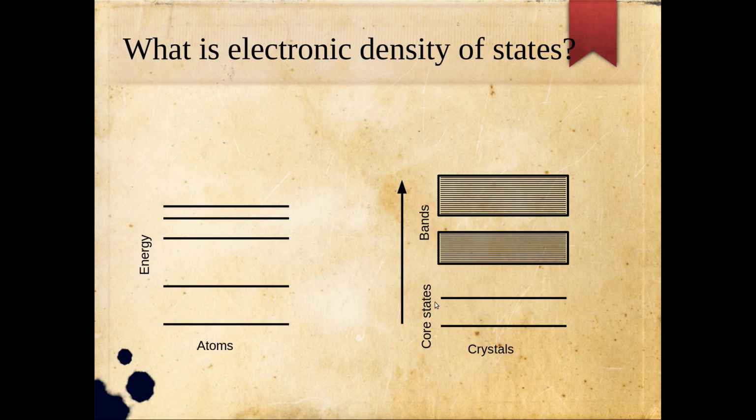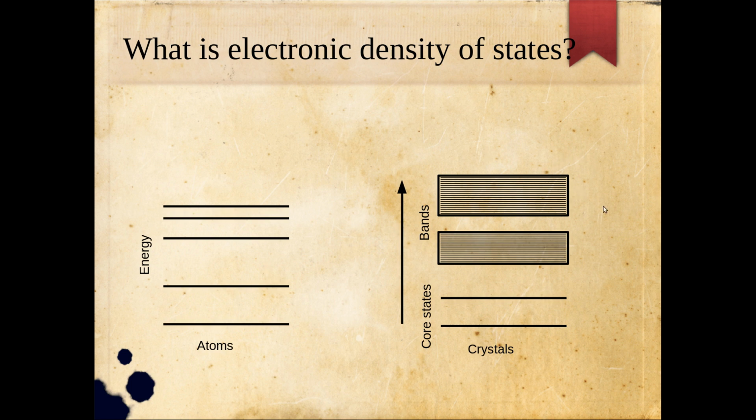So in periodic solids, meaning crystals, when the atoms come together to form solids or crystals, the deeply lying energy states, or what we call the core states, remain almost as discretized as they are in the atoms.